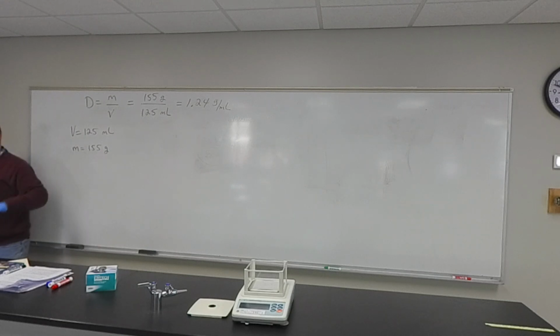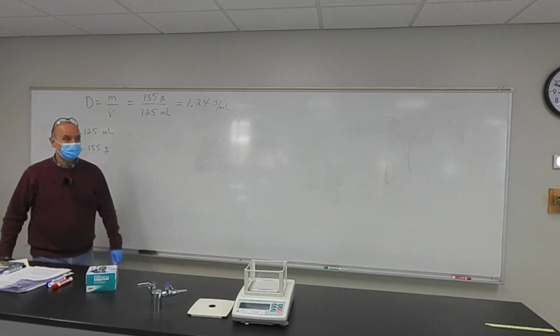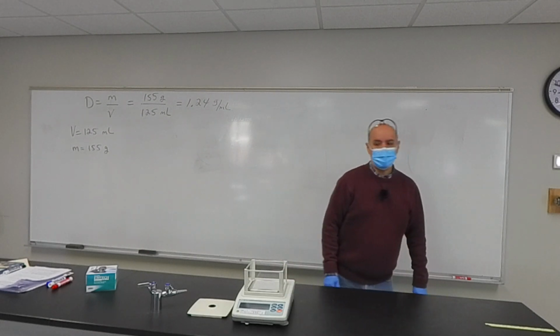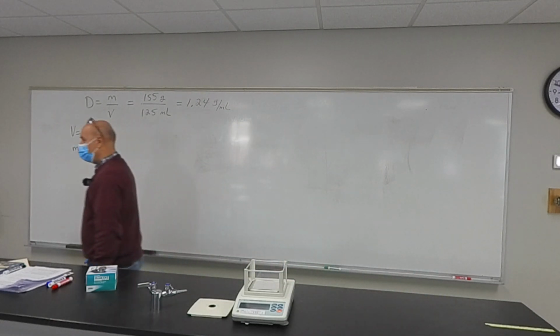The units are given to you, so we just need the numerical part. And I'm going to submit that answer. It gives you feedback about the answer. So that's always good to know.